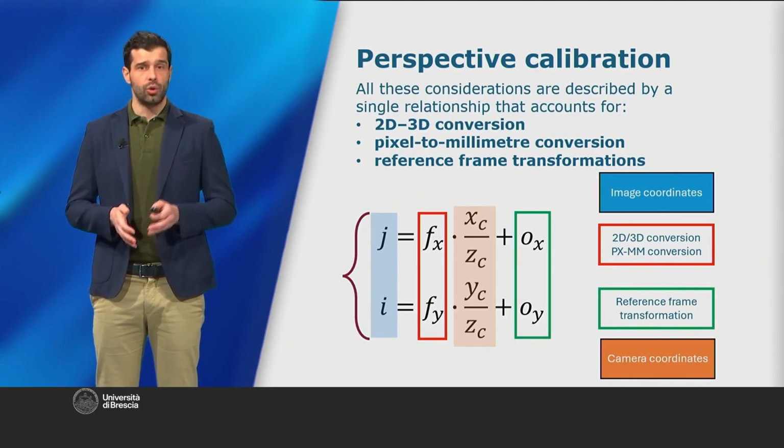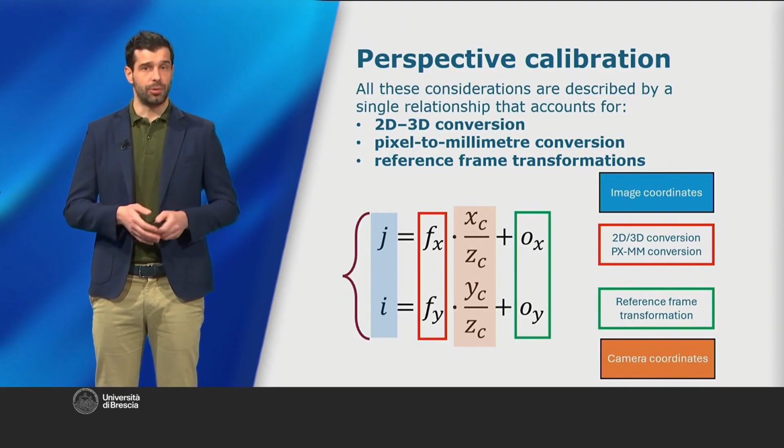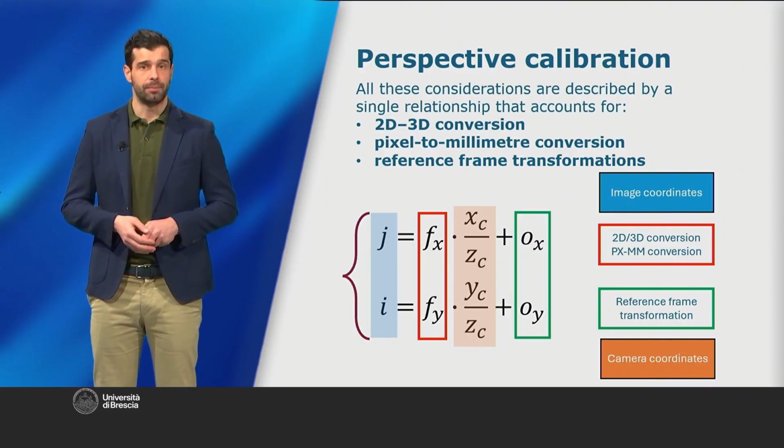All these relationships are mathematically described by these equations. i and j are the coordinates of the point compared to the image plane. xc, yc, and zc are the coordinates of the same point compared to the camera reference system.